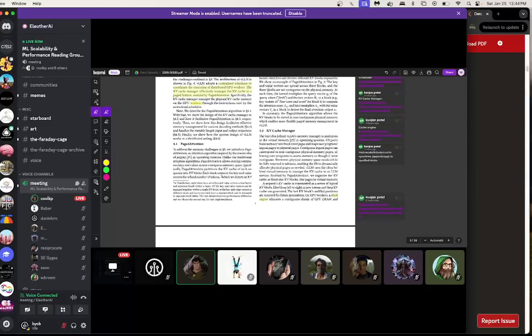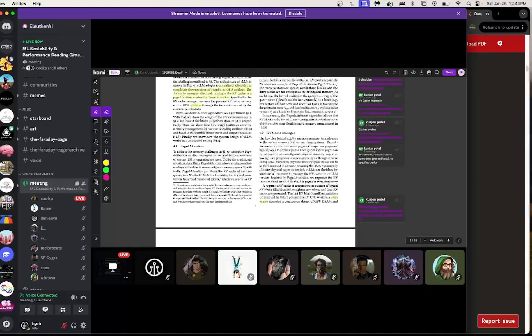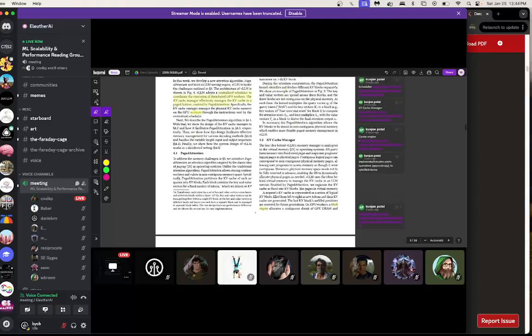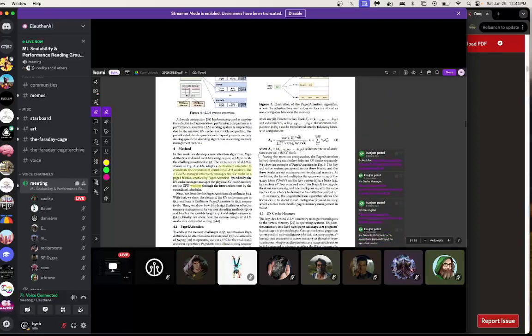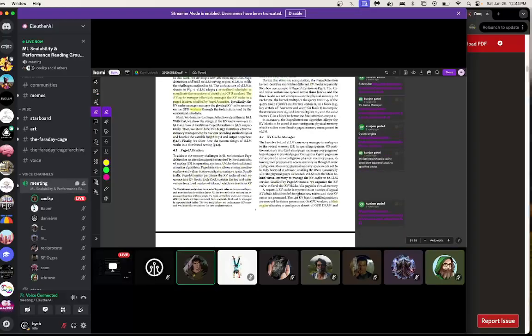Each block contains the key and the value vectors for a fixed number of tokens. So the unit for an individual block is a token. Each token has a key and a value vector, and the block size is a number of tokens.